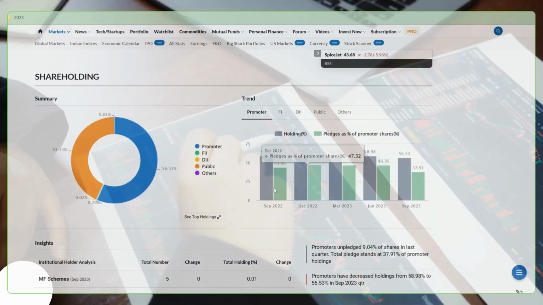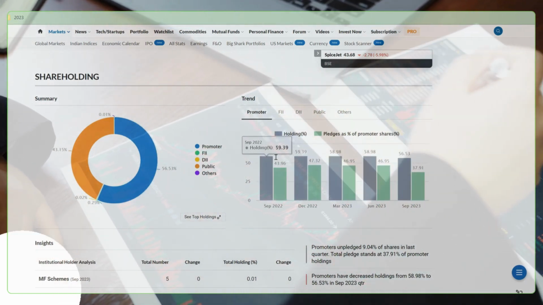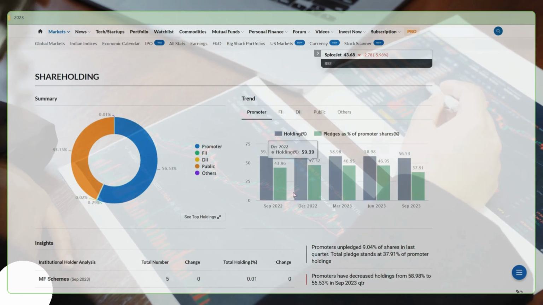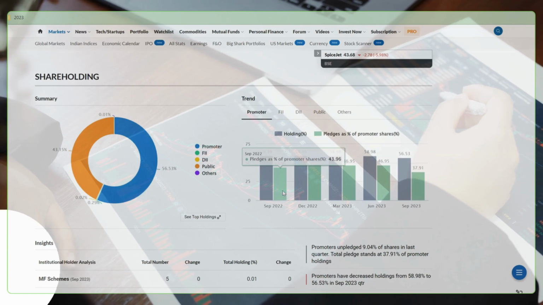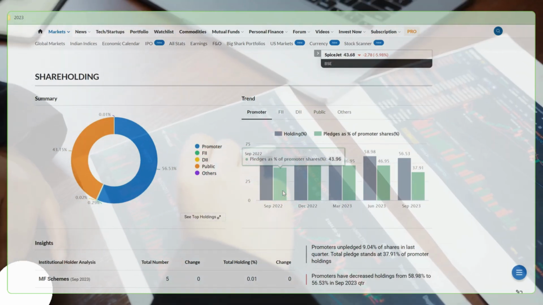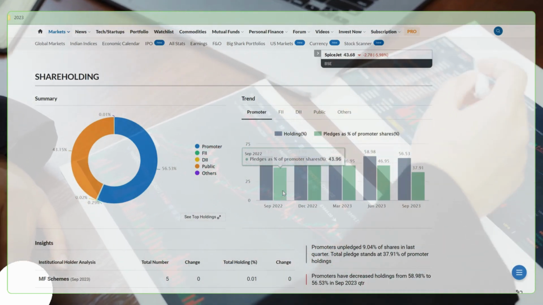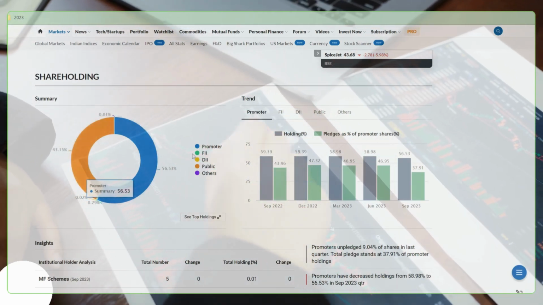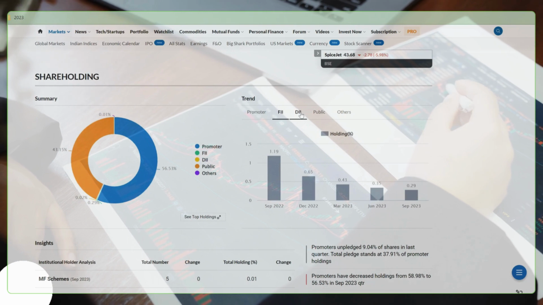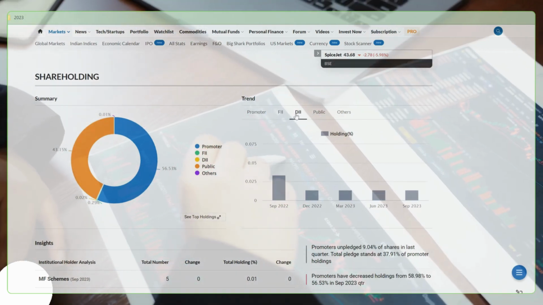Of whatever 59% promoters have, the majority of their shares are pledged. They have loaned it out. They have pledged their shares and taken money from banks or someone. So if some bank wants, they can sell their shares. And mostly the public, the public has 43% and FIIs and DIIs are zero. Almost they have come out, right?